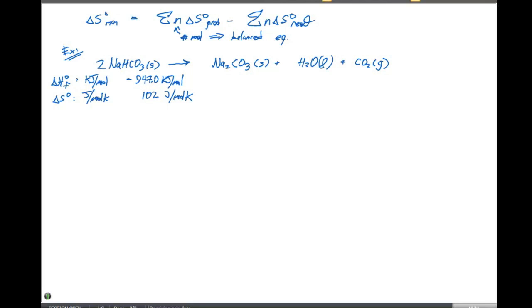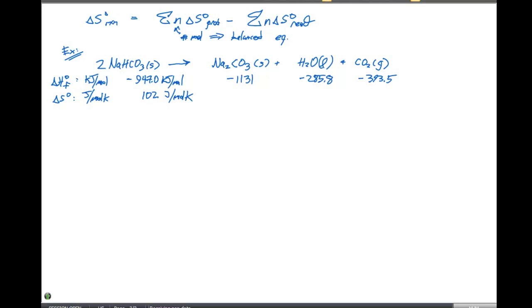I'm just going to go across for each of the three products and list their delta H values. It's going to be negative 1131, negative 285.8, and negative 393.5. All of these units are in kilojoules per mole.